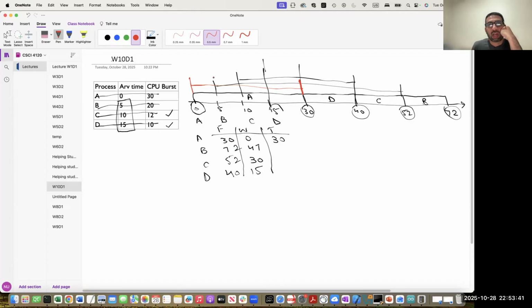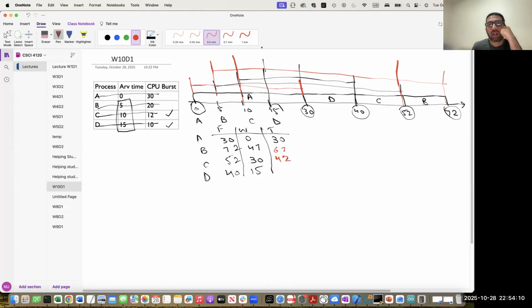For B, it arrived at 5 and it completed at 72, right? So 72 minus 5, 67. And for C, it arrived at 10 and it completed its execution at 52. So 52 minus 10, 42, right?